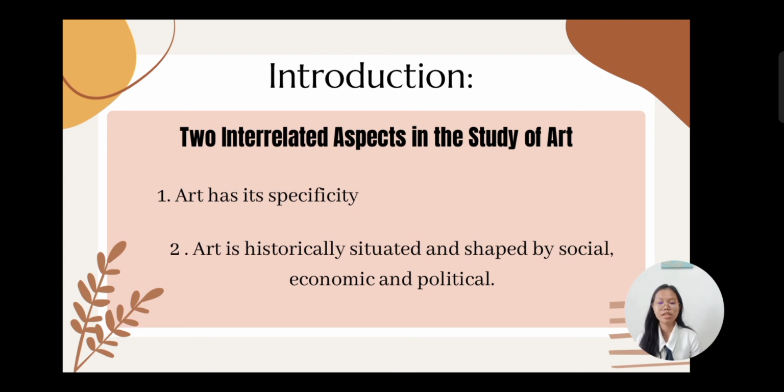So some of the conceptual forces that shape their works are their teacher, the influence of preceding style, their patron, their audience, and their general socio-economic, political, and social climate. So these two interrelated studies in art help us to fully understand and to appreciate art.